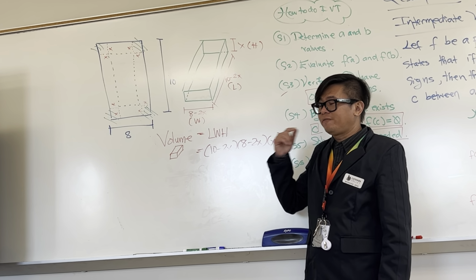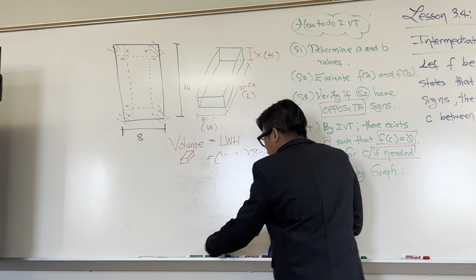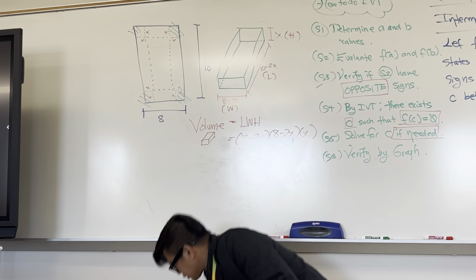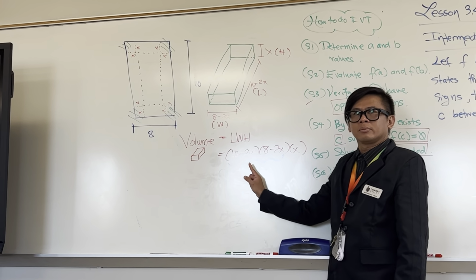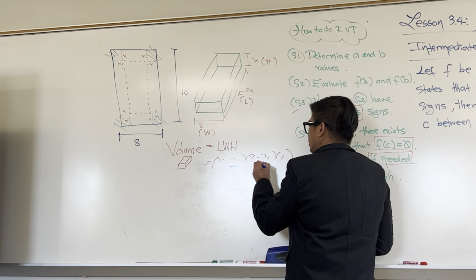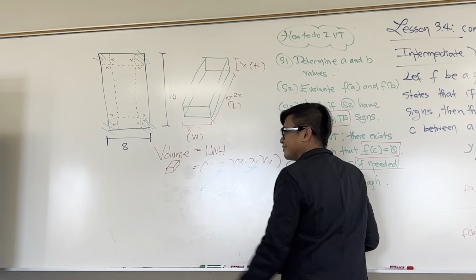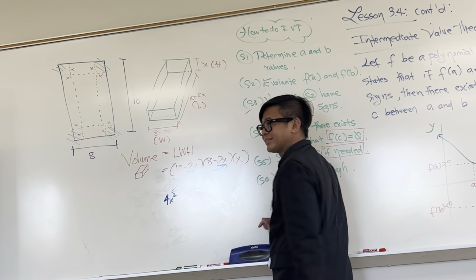However, if you want to change it into standard form, you can do FOIL or box on this side. What's that gonna be? Negative 2x times negative 2x is 4x squared. Very good.